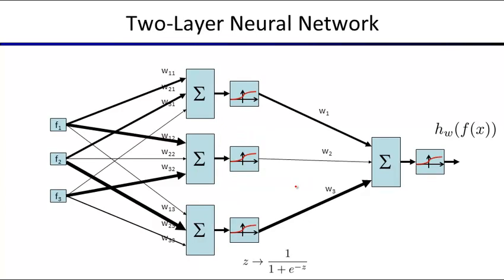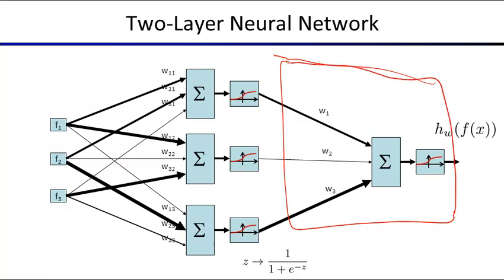So here's the first extension of this. This is called a two-layer neural network. This part here is still the same as before. That's a perceptron. You have features coming in, being weighted and summed together, and then instead of checking whether it's above 0 or below 0, often things get squashed.